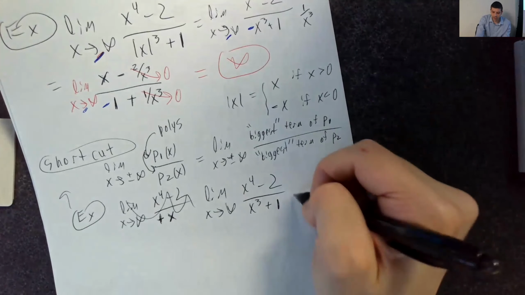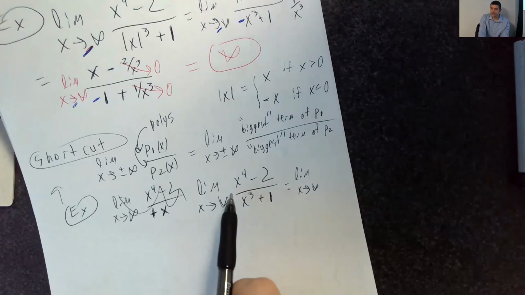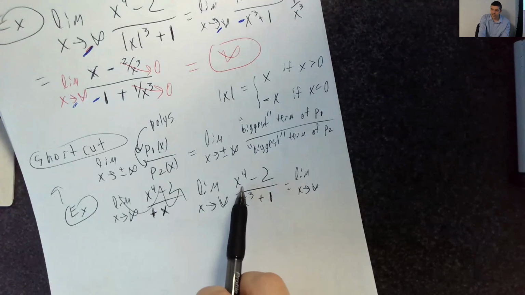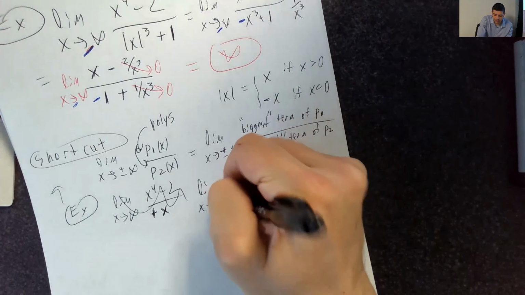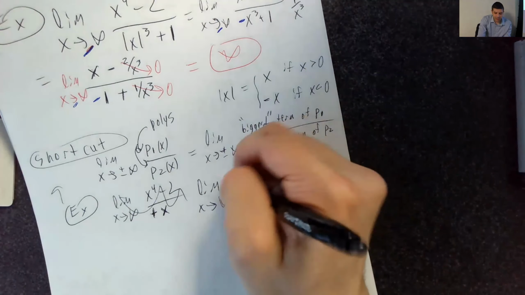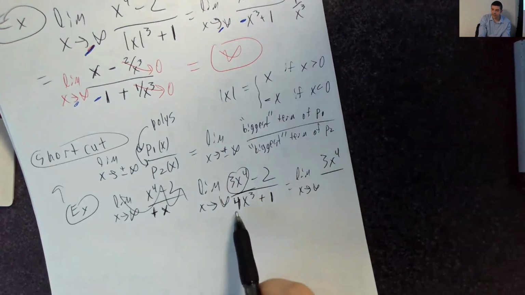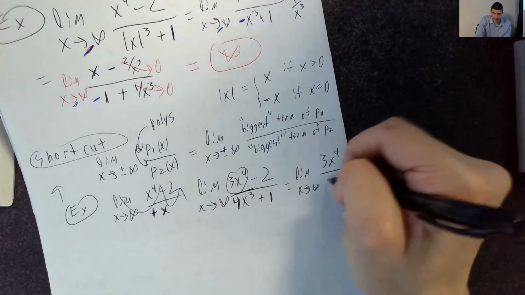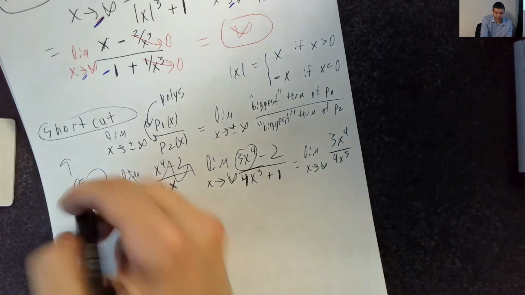Now the shortcut means I could take the biggest part of P1. Let's make it interesting: 3x to the fourth and 4x cubed. What's dominating P1? 3x to the fourth. What's dominating P2? 4x cubed. So you could do that instead, and that'll help you simplify it.